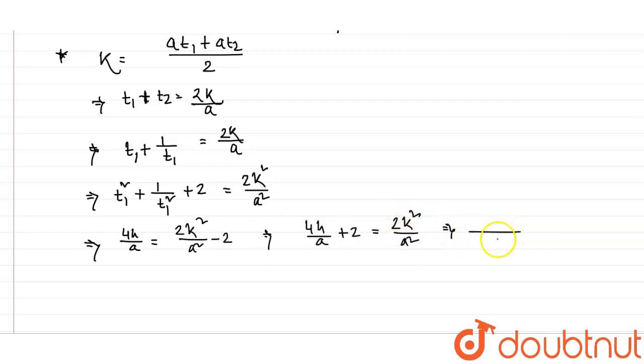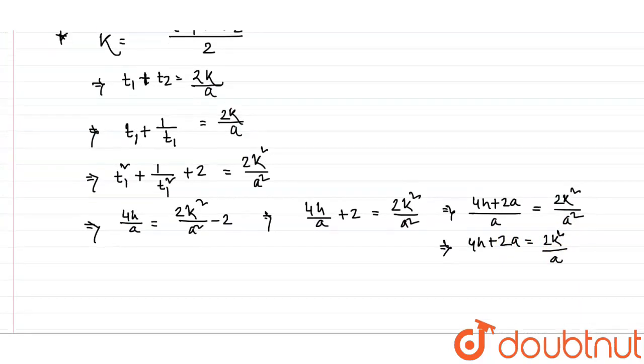Again, 4h plus 2a is equal to 2k square by a. Taking 2 common, 2ah plus a square is equal to 2k square.